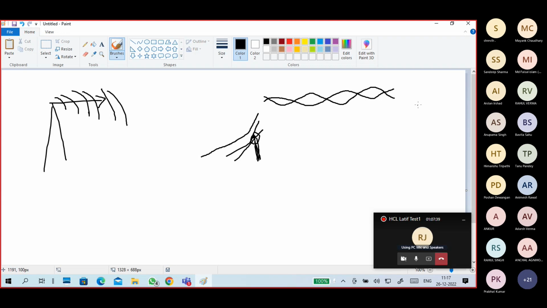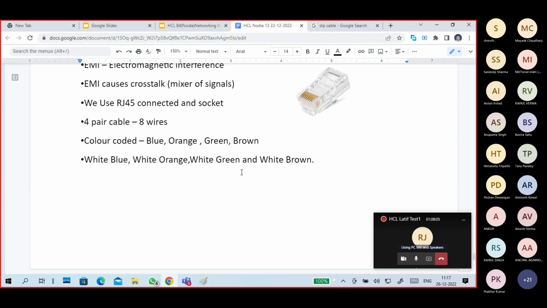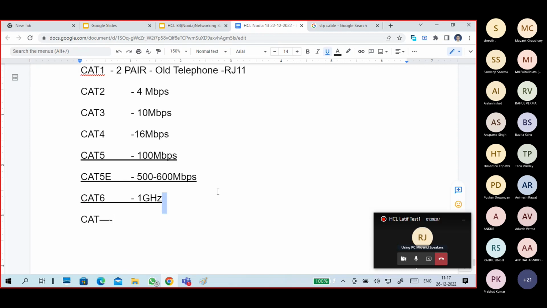In general, 8 wires means 4 pairs, 4 twists are there. So that's the UTP. What is STP? There is shielding, a copper shielding. That foil shielding or copper mesh will protect your cable from electromagnetic interference.